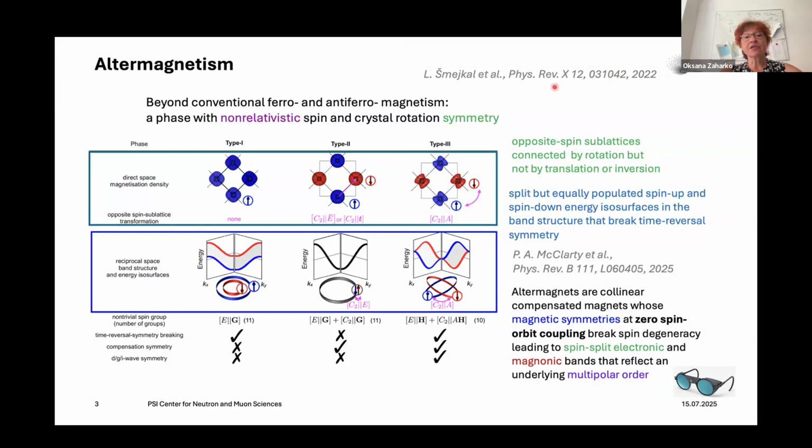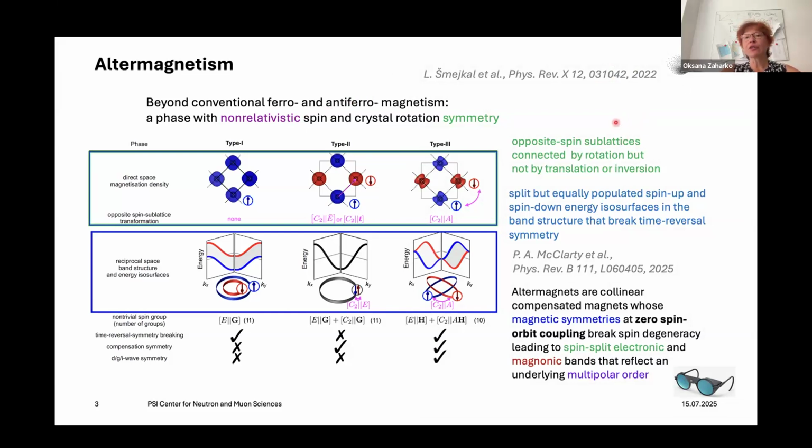This gives in reciprocal space, in momentum space, great advantages because then you have spin-split states in the electronic structure. And this is probably the part which is the most interesting for applications, for devices.